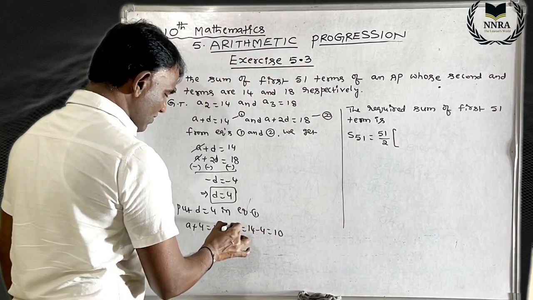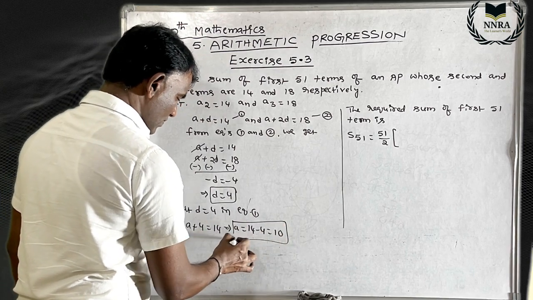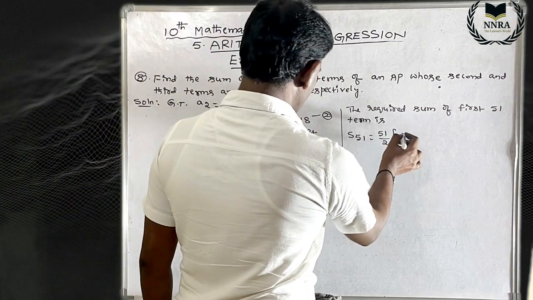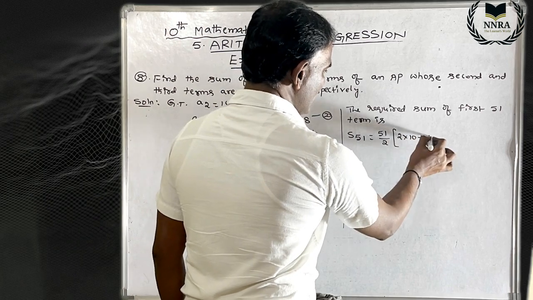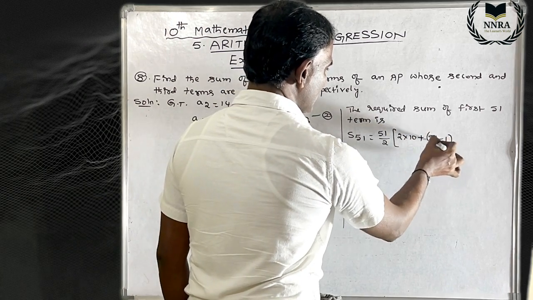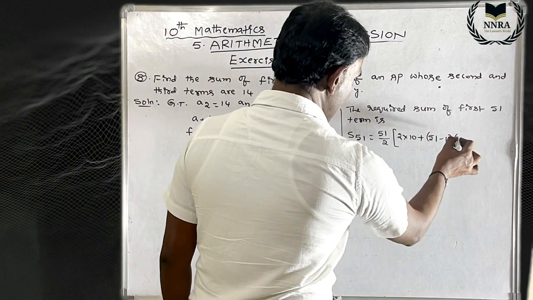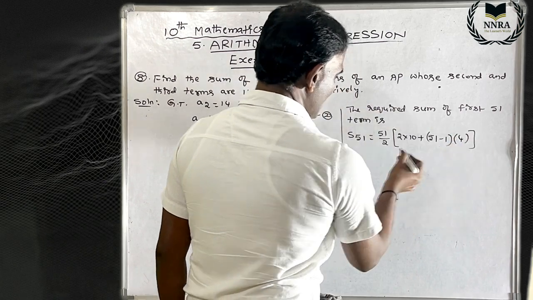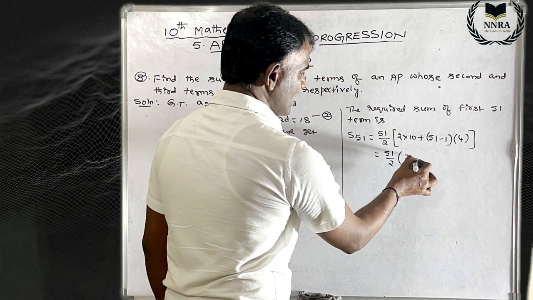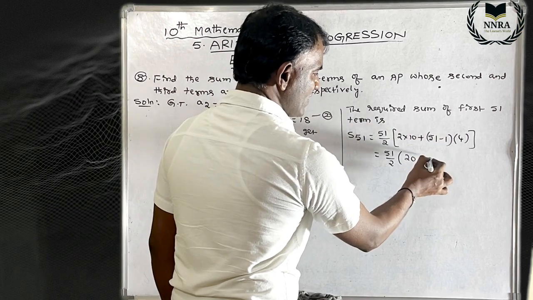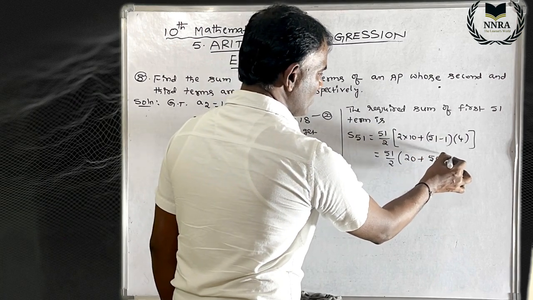Now this is the value of a, right? So 2a means 2 into 10 plus n minus 1, 51 minus 1, into d. What is d? d is 4. That is 51 by 2 into 20 plus 51 minus 1 is 50 into 4.